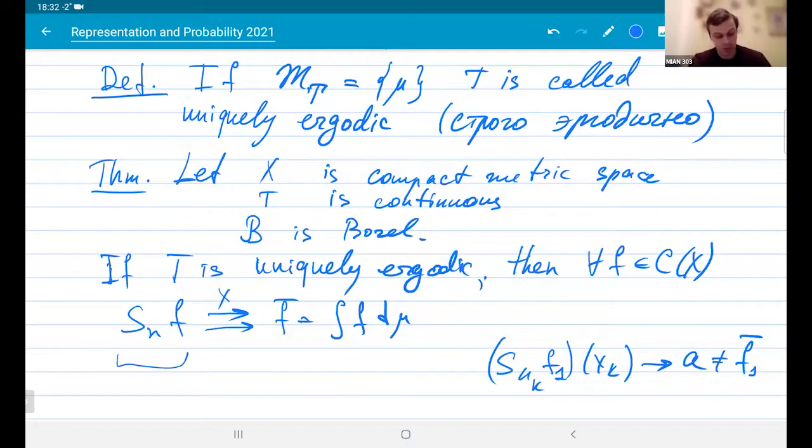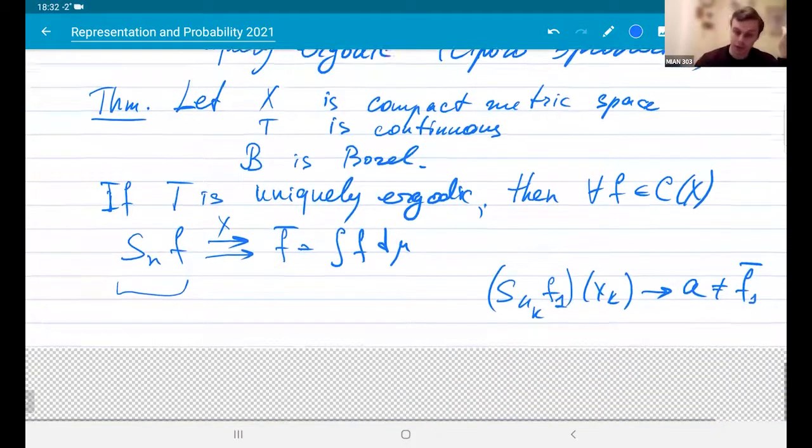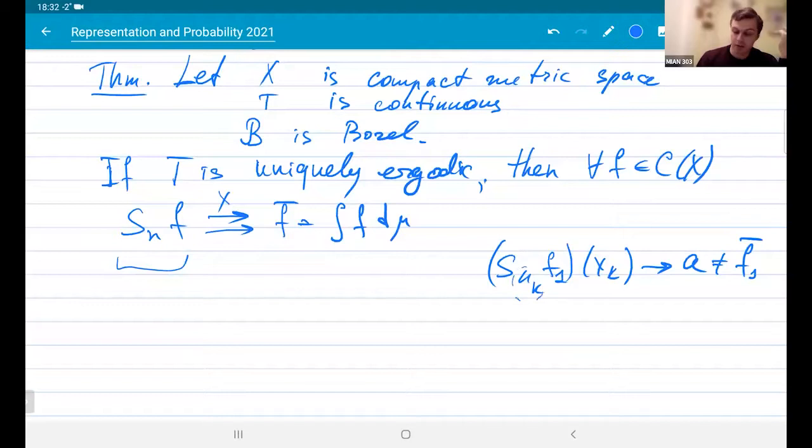Then you take some subsequence of this nk and xk. So we have now this double sequence, and then you again make a very thin subsequence such that there is convergence everywhere. And again, this functional corresponds to some measure, and this measure is invariant, and so on. So this is more or less the proof.